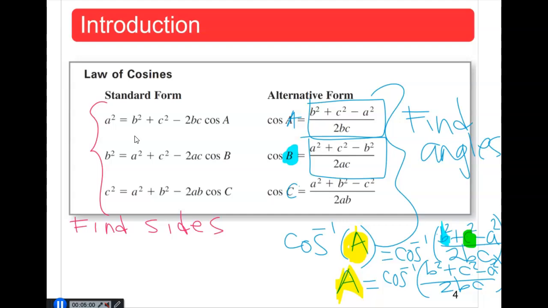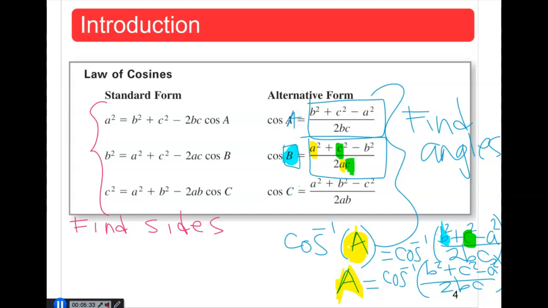But notice how now the two sides that we're squaring and adding will be the other two letters that are not the same as the angle, for example a and c. Then on the bottom, we have the product 2 times side a times side c. Again, it's the two sides that are not opposite to the angle that we're actually looking for.